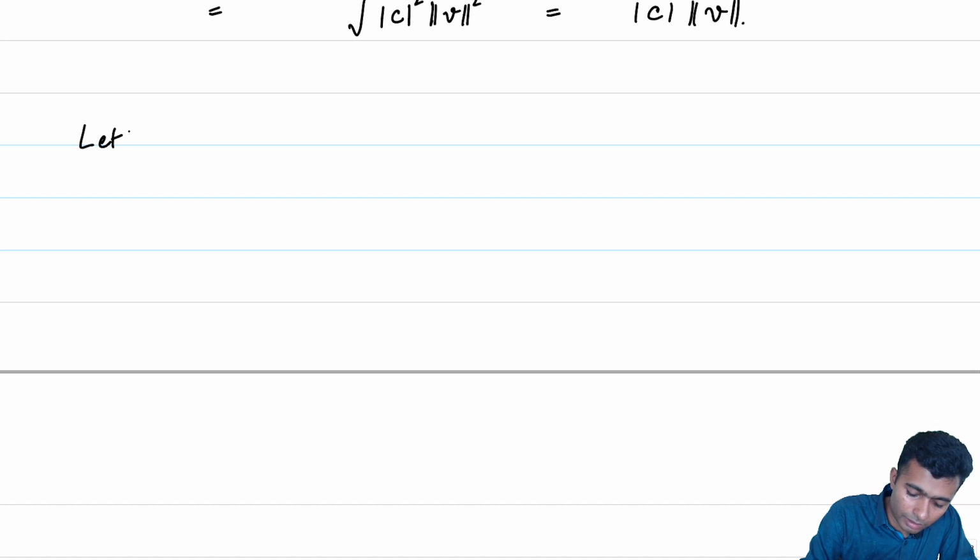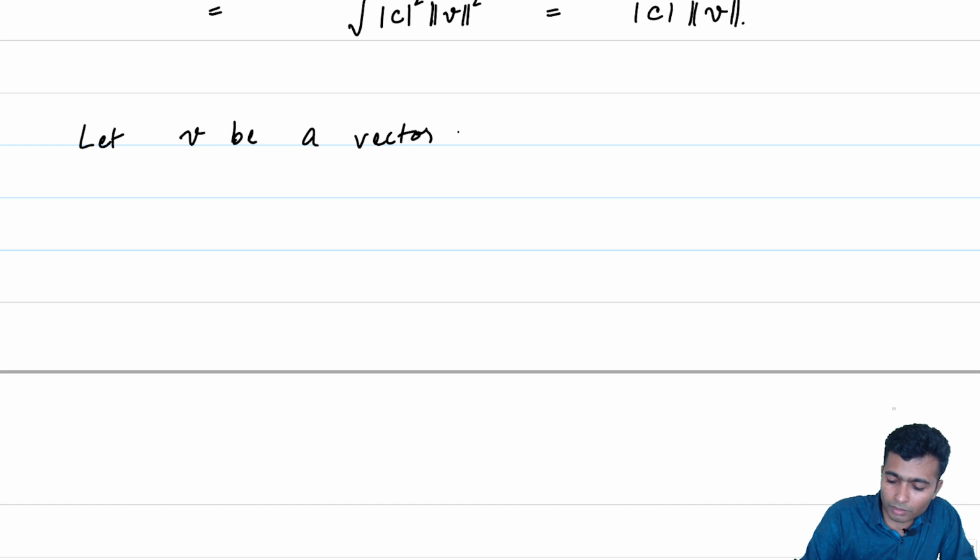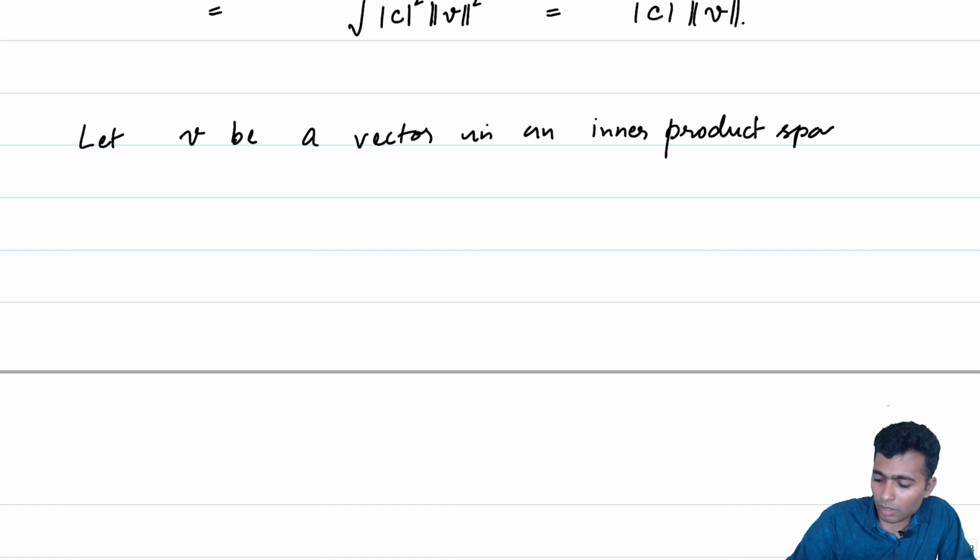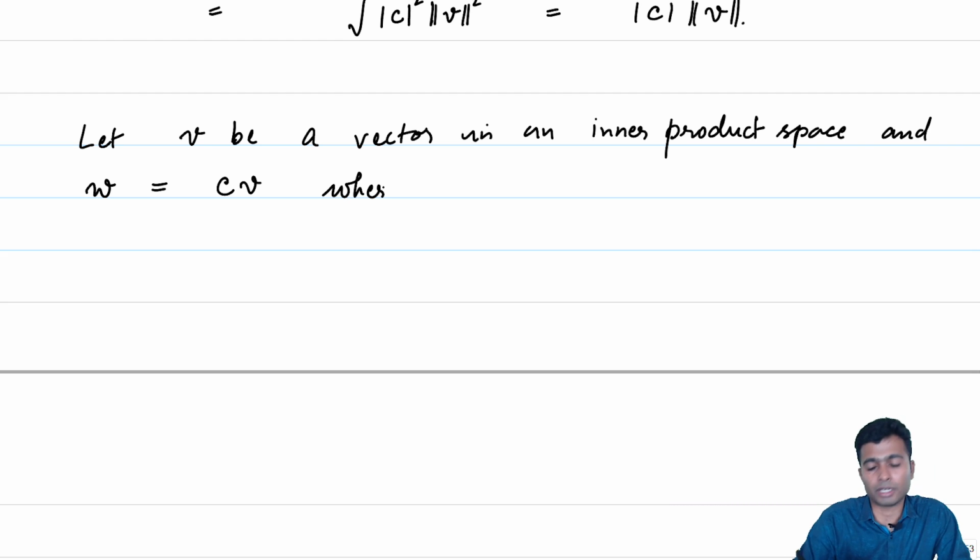Let V be a vector in an inner product space and let W be equal to C times V, where C is a positive real number.